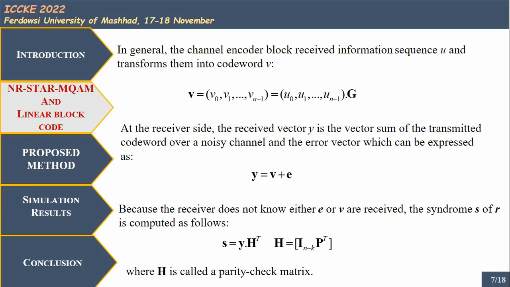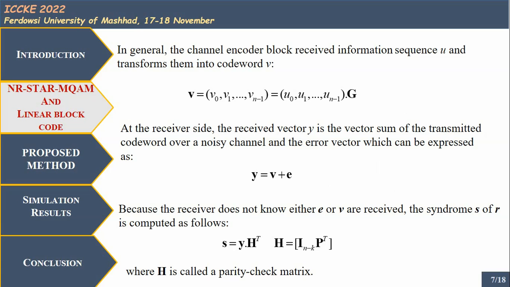Now we will discuss more about linear block codes. In general, the channel encoder block receives information sequence U and transforms it into code word V, where G is the generating matrix.